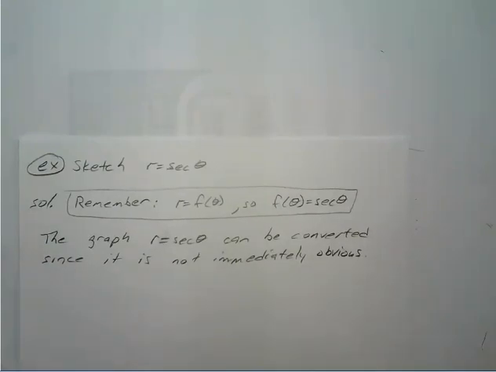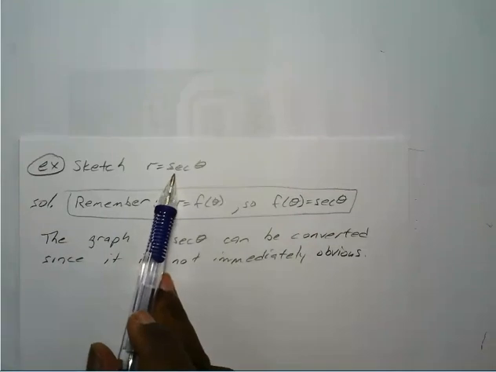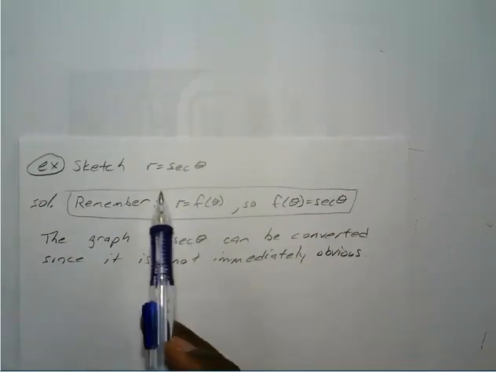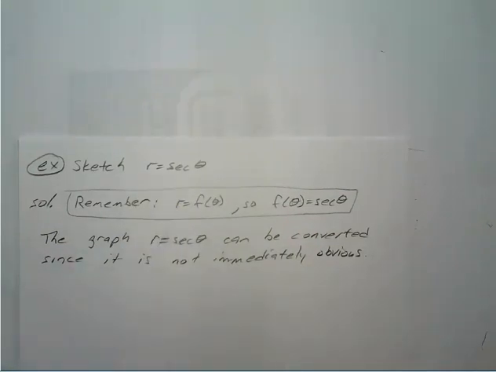Sometimes looking at it, you go, oh, I don't even know where to start on that one. It just looks confusing. Always think, how can I change it into something that's less confusing?